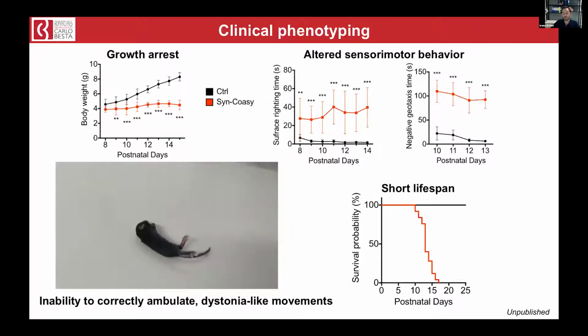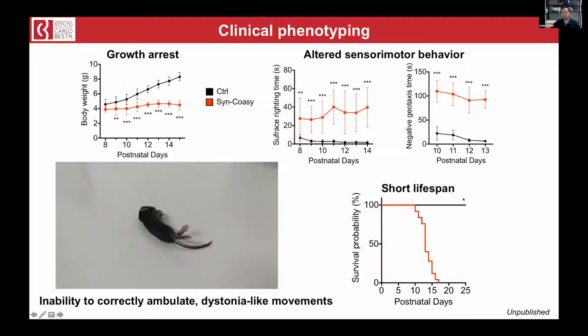And very important, a very short lifespan with a median survival of only 13 days. So this is good news because we generated a model of CoPAN with a clear clinical phenotype resembling the patients' phenotype.